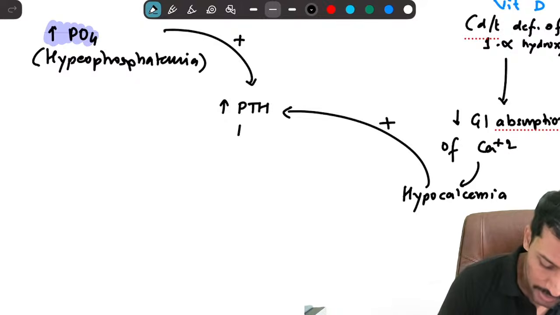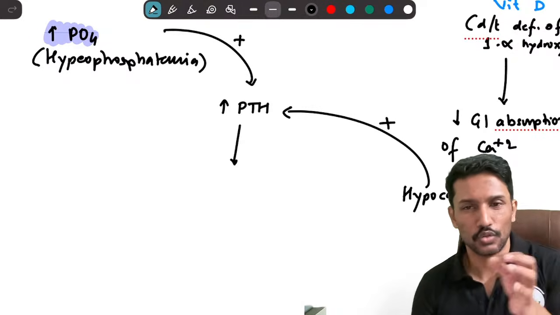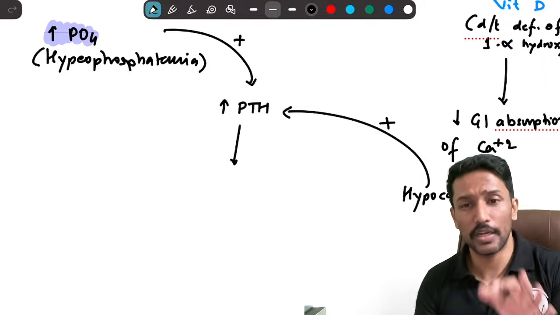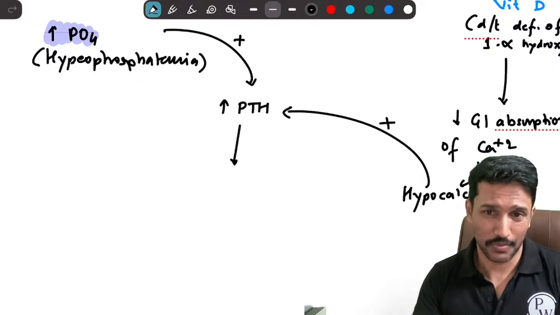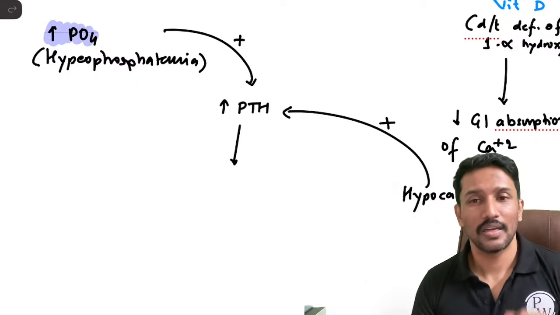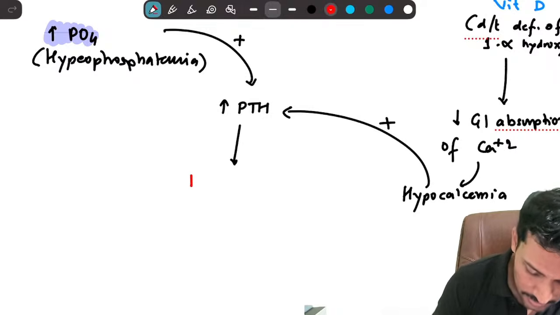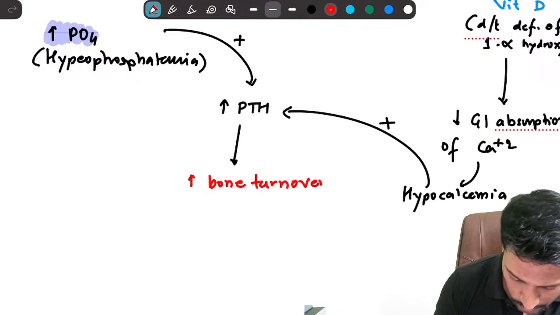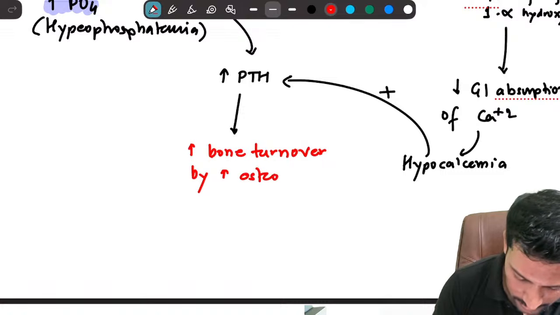Now, because of this hyperparathyroidism, what does parathormone do? Parathormone wants to increase the blood calcium level. How will it increase it? It will go to the bones, break down the bone by increasing the osteoclastic activity, or in other words, increase the bone turnover, bring the calcium out so that this hypocalcemia gets corrected. So this increased parathormone will increase bone turnover by increasing osteoclastic activity.